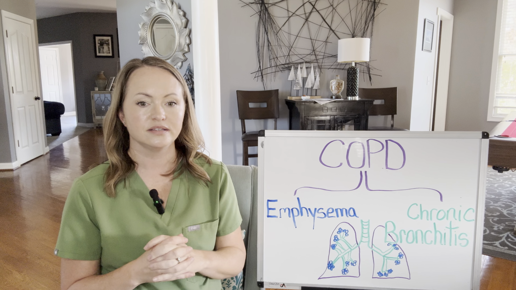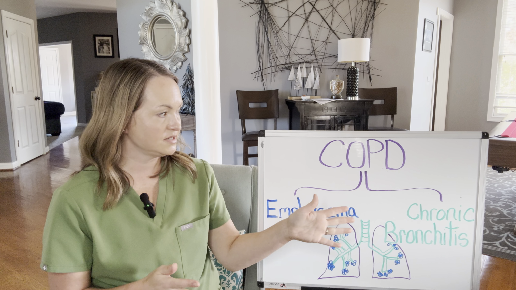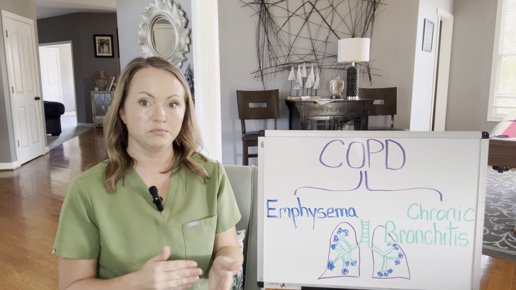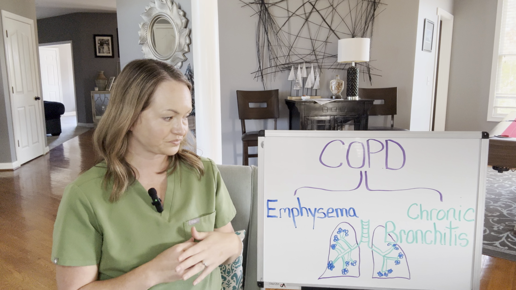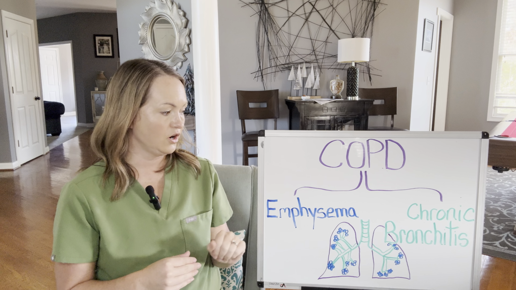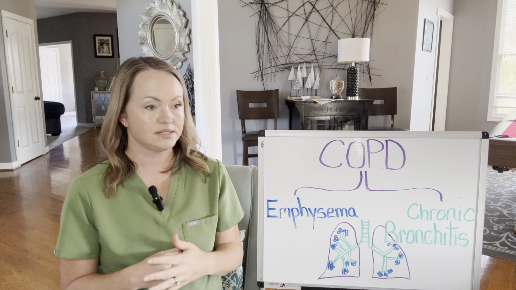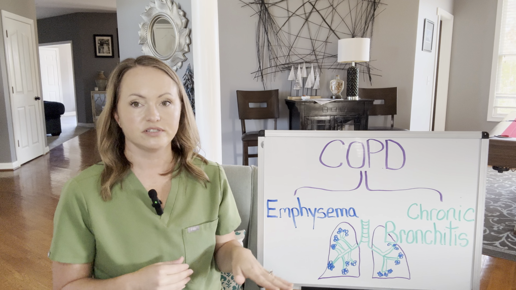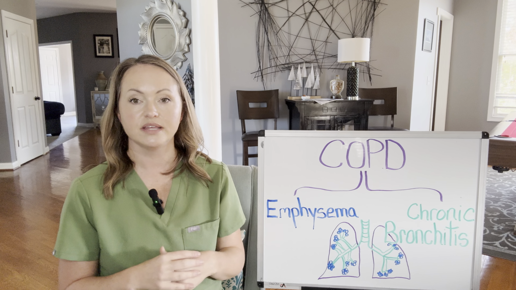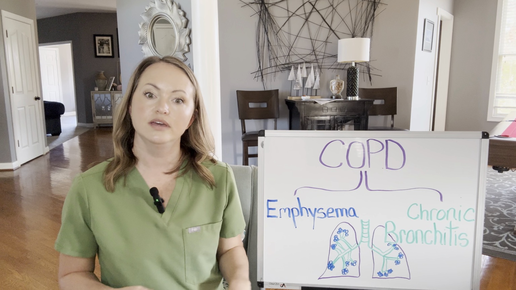When they're combined together, it's the chronic obstructive pulmonary disease. So you've got it all linked in there. That's also why when you're taking different medicines, a lot of times you'll have to take different types, just because you're treating different things.